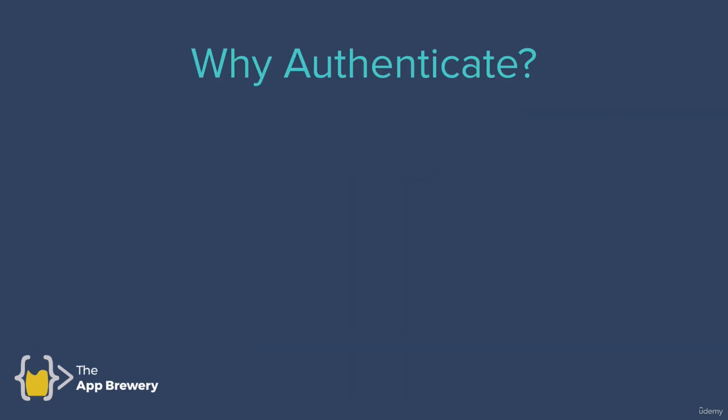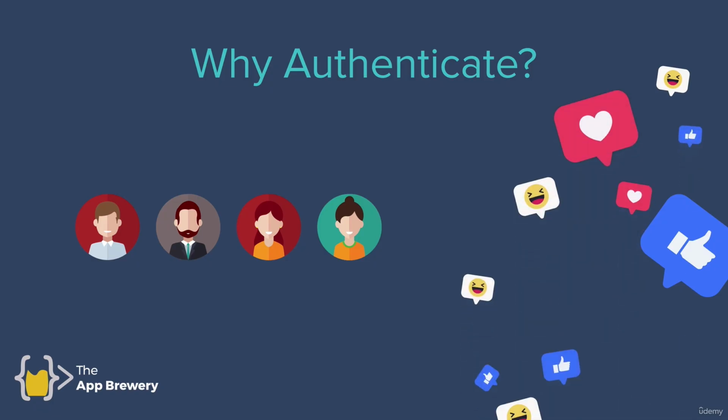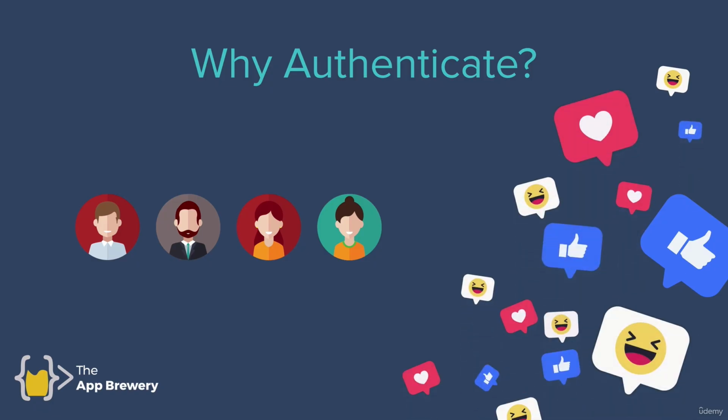So, why do we need to authenticate? Well, as we're creating our website or web app for users to use, these users are going to start generating data in the website. They might like certain posts, they might interact with other users, there might be messages created or recipes created. There's always going to be some user data created.